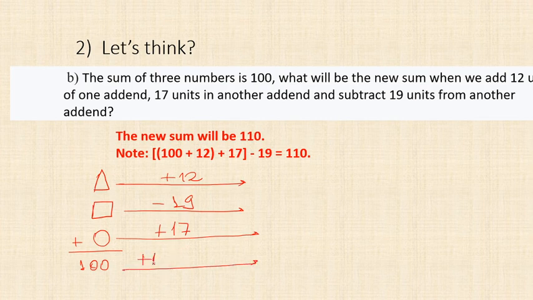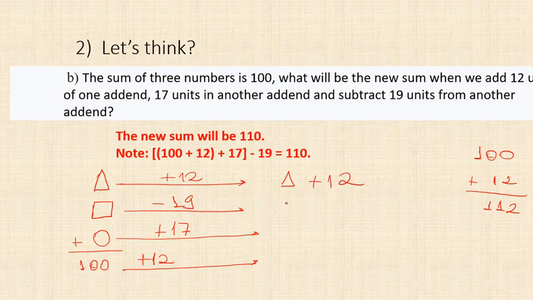First, I will add 12 units. So my new sum will be 100 plus 12, which is 112. But when I did that, in the second addend, I'm going to subtract 19 units. So I have to subtract 19 units from my result. So my new sum will be 12 minus 9 is 3, 0 minus 1 is not possible, 10 minus 1 is 9.